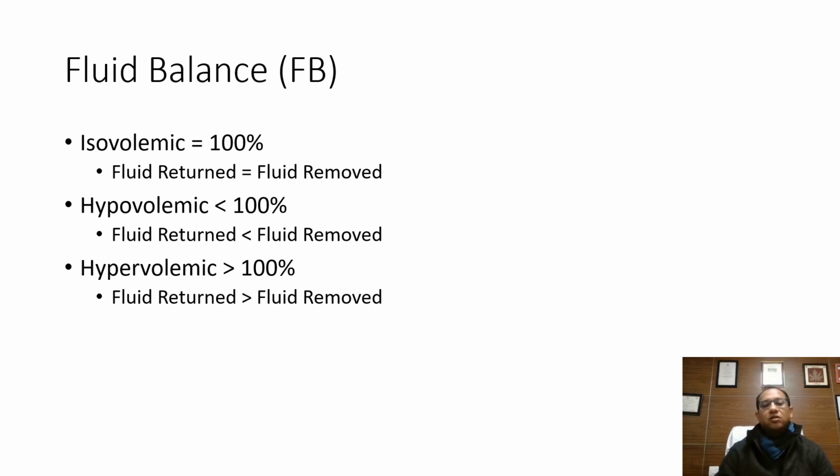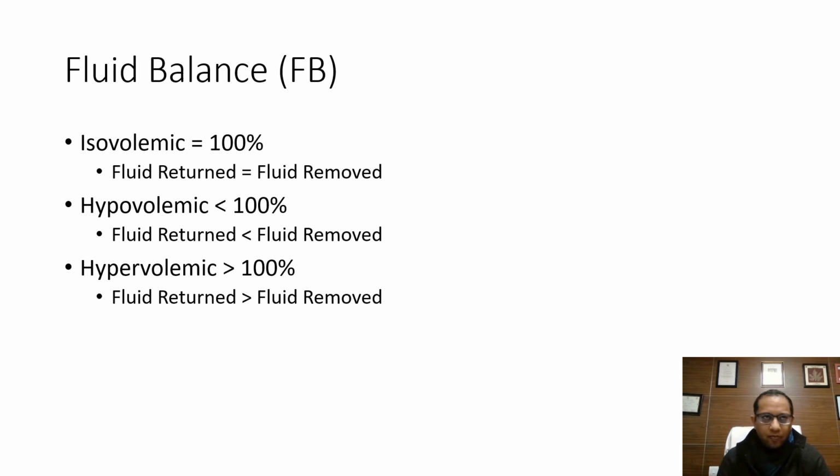Coming to the fluid balance and how do we maintain it. When you talk about fluid balance, it can be isovolumic, that is 100%, where fluid returned equals fluid removed, and hypovolemic when it is less than 100%. More often than not, you will have 100% return fluid that you are going to give. Suppose you are removing 1 liter of plasma, you replace it with 1 liter.